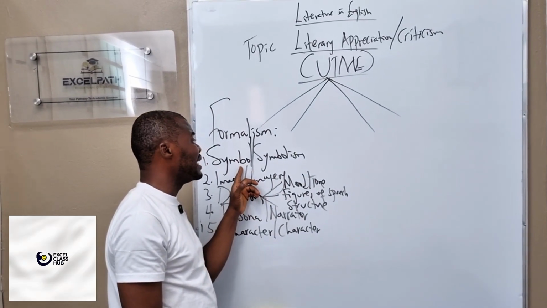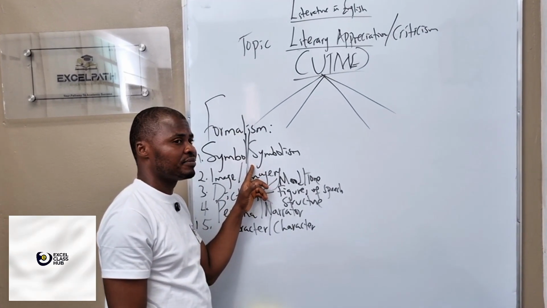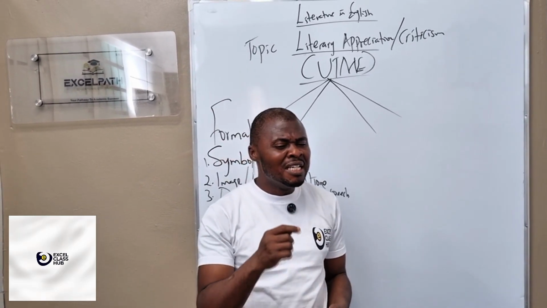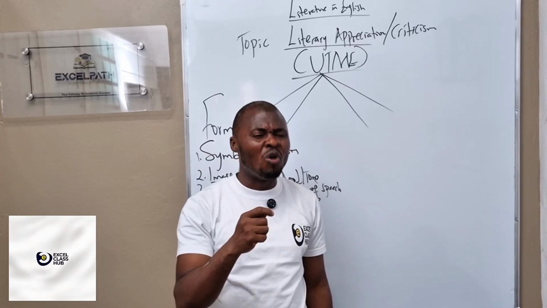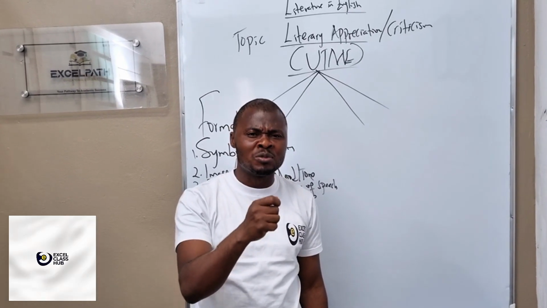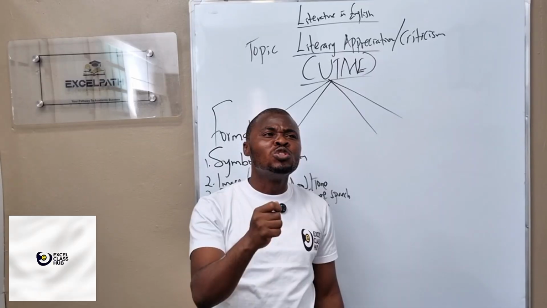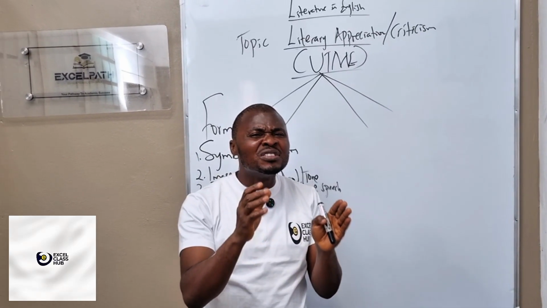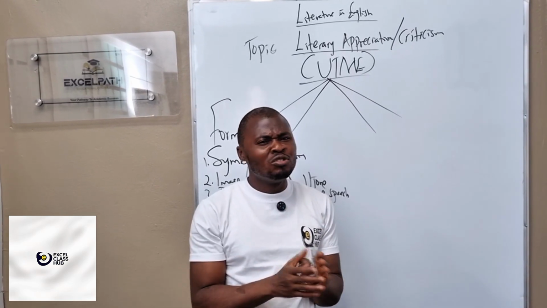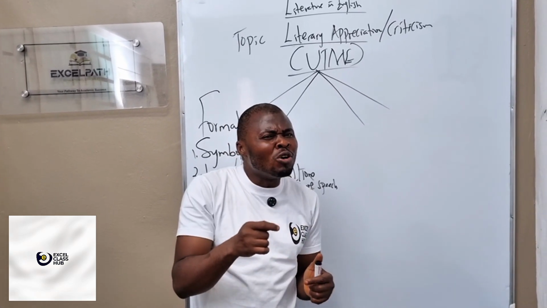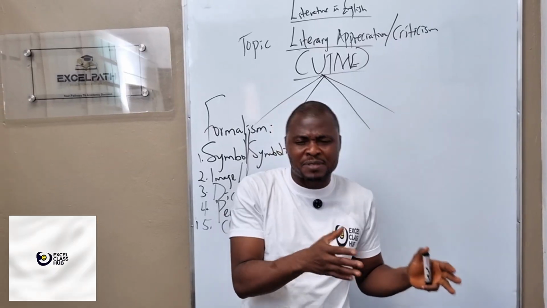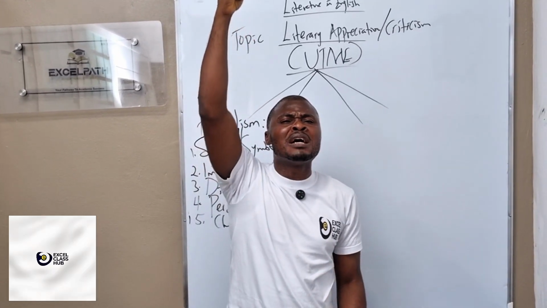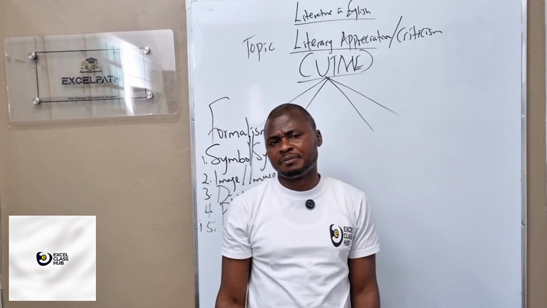Now, a symbol is any object or an idea that the persona or the author of a literary work uses to represent a major part of the subject matter. A symbol will not end with one page or one chapter of a book. A symbol will run through the literary work, the book.